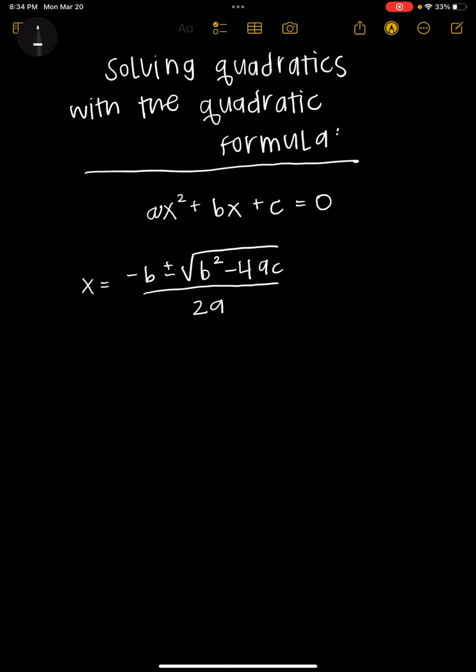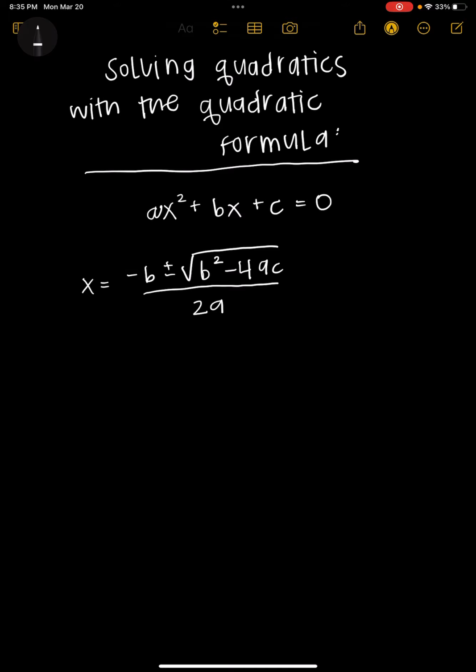Your a is in front of the x squared, your b is in front of the x, and your c is the constant term with no x. A, b, and c are all numbers, so they don't have to be any certain numbers, but they just have to be set up in this order with the x squared term first, then the x, and then the constant term last. And if it's set up in this standard form, then we can use the quadratic formula.